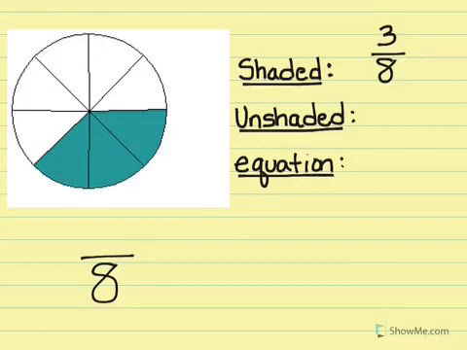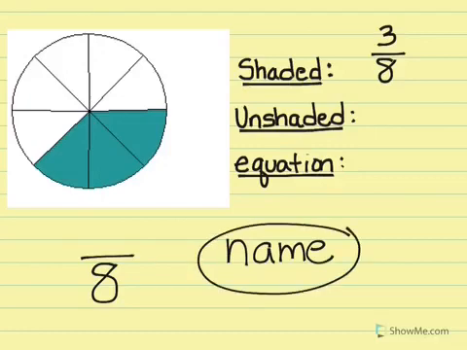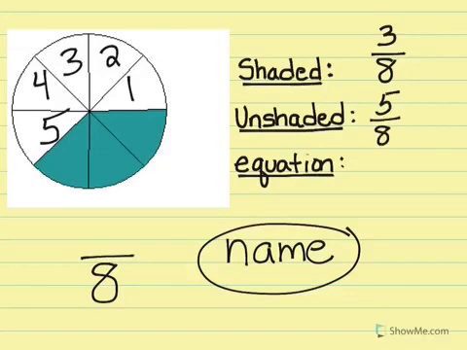Okay, now I need to name a fraction for my unshaded. So let's see, we have 1, 2, 3, 4, 5 parts out of 8, or 5/8, that are unshaded.